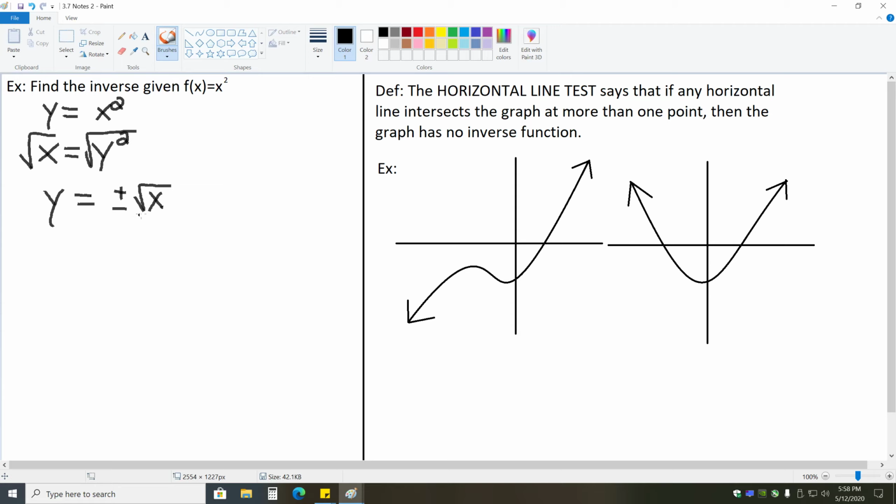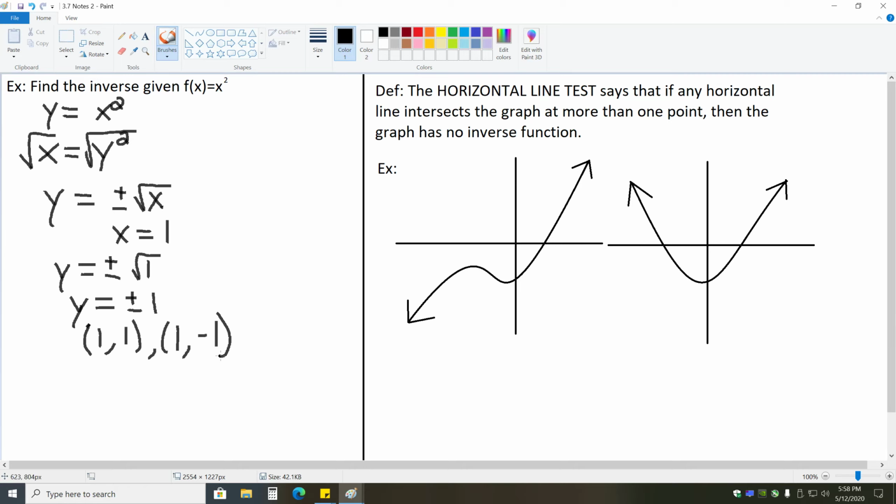But notice there's an issue here. What happens if we let x equal 1? Then we would get y equals plus or minus the square root of 1. The square root of 1 is just 1, so we would get plus or minus 1, which gives us the points x equals 1, y equals 1, and x equals 1, y equals negative 1.